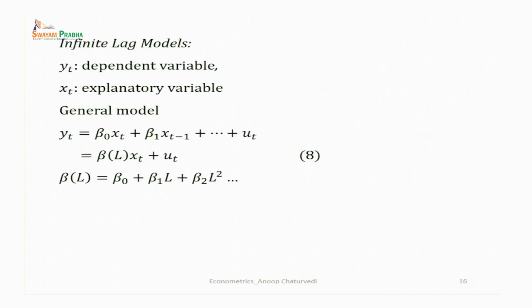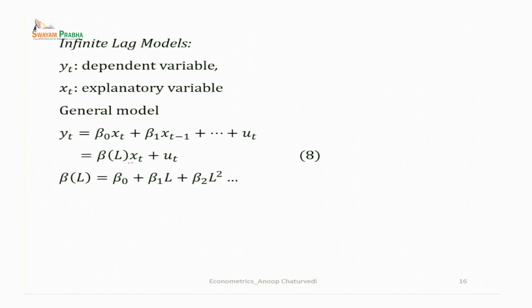Now, we consider infinite distributed lag models. So, suppose y t is the dependent variable and x t is the explanatory variable, then your general model is y t equal to beta naught x t plus beta 1 x t minus 1, so on. So, you get the terms up to lag infinity in your model plus u t, or you can write it as y t equal to beta L x t plus u t, where beta L is defined as the lag operator beta naught plus beta 1 L plus beta 2 L square and so on.